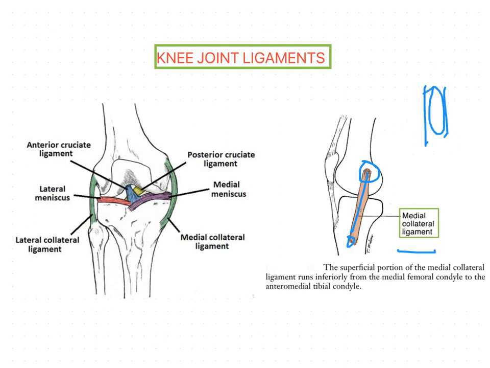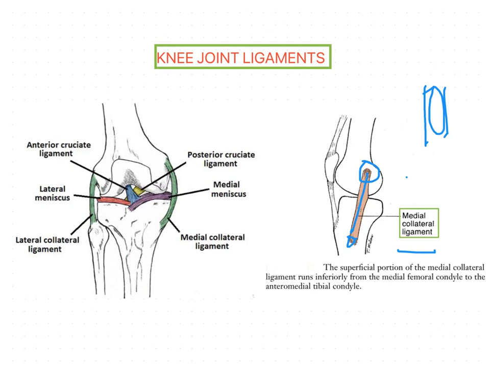The superficial portion arises proximally from the same medial femoral epicondyle, travels distally and inserts into the medial aspect of the proximal tibia, distal to the pes anserinus.